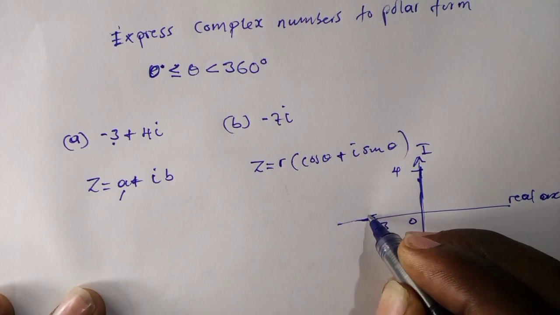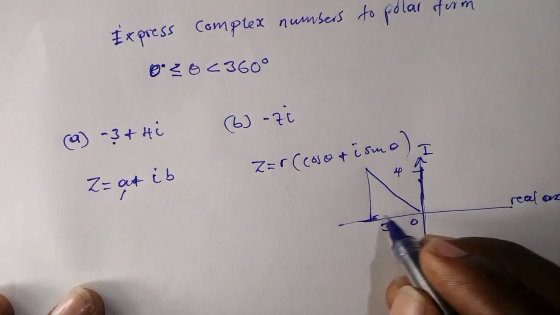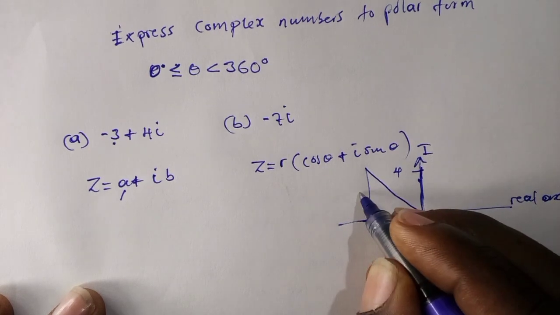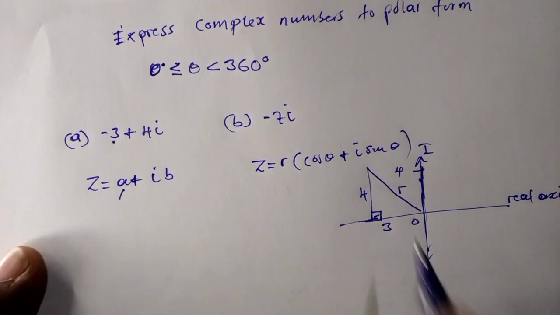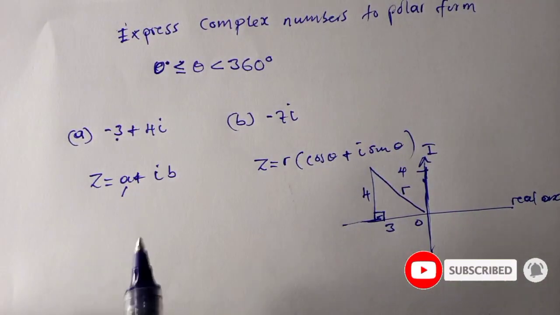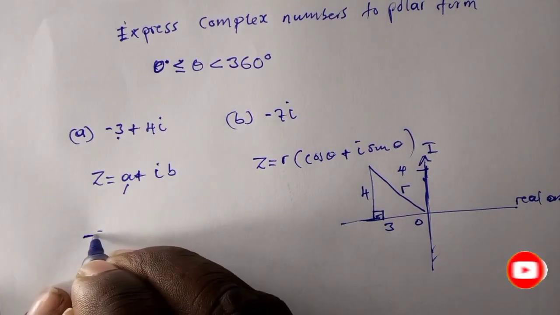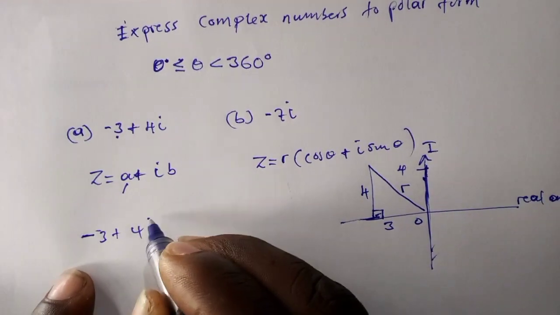So we have to draw a right angle triangle here, which will look like this one with a 90. Here we have 4, then here r. So now we have to find the value of r by taking the modulus of minus 3 plus 4i.